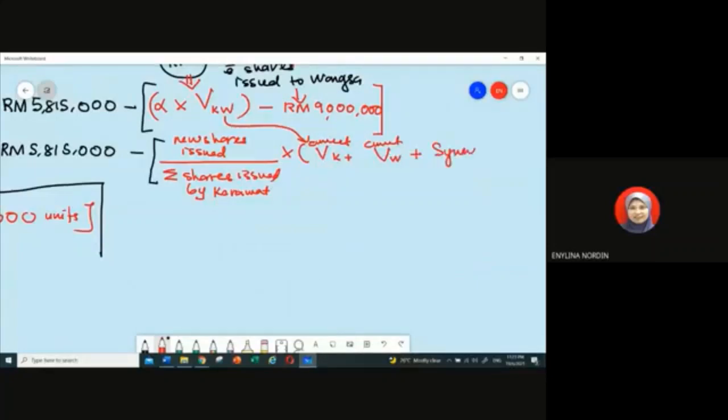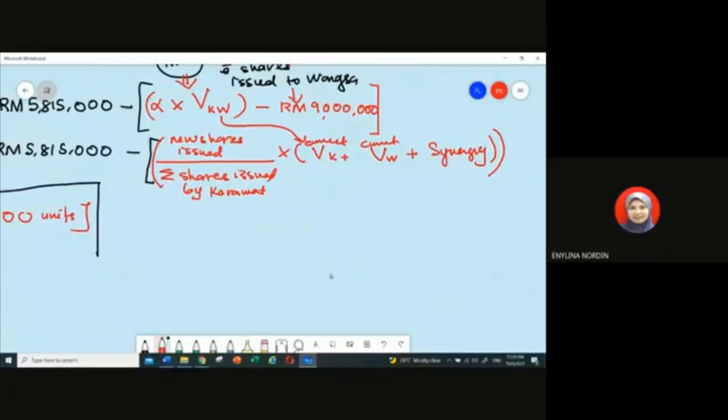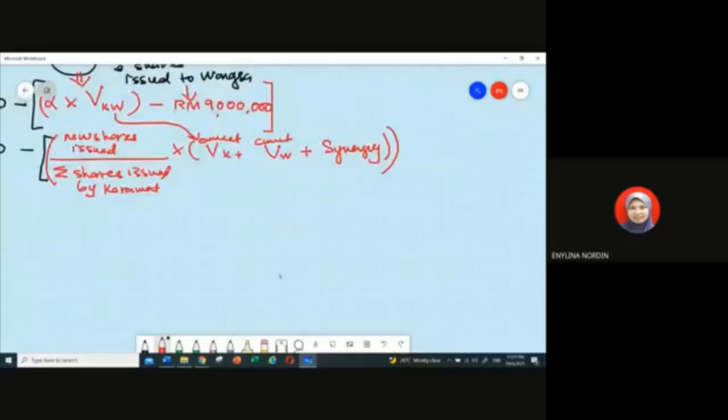This whole component represents the calculation of the value of the shares issued by Keramat. And again, don't forget to minus the RM 9 million here.